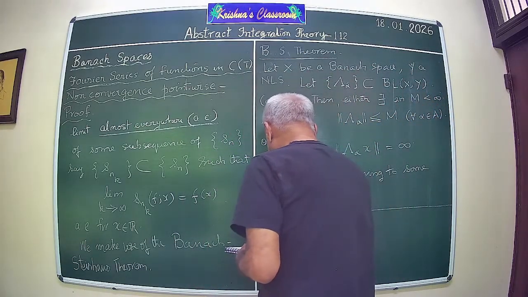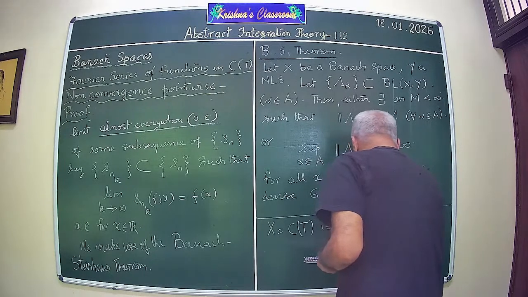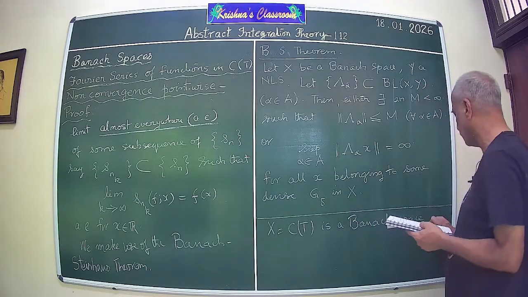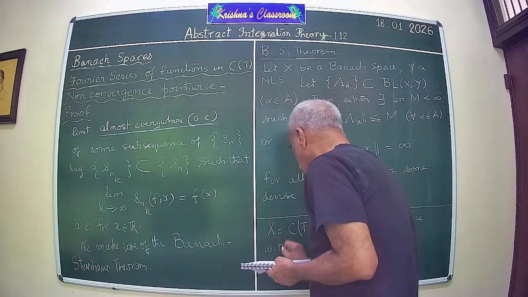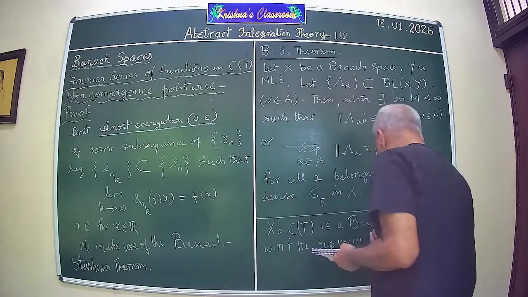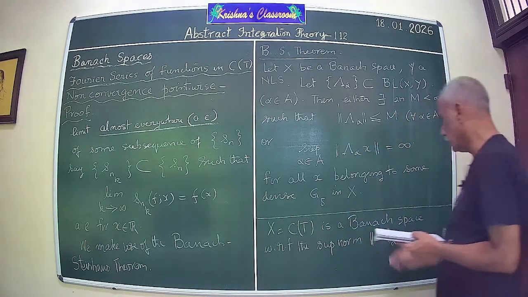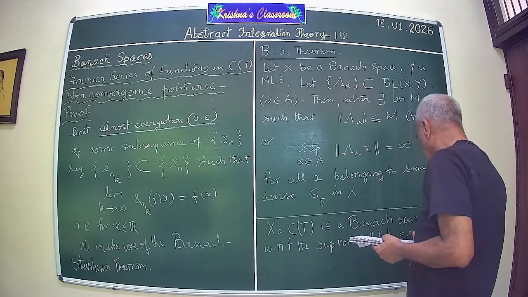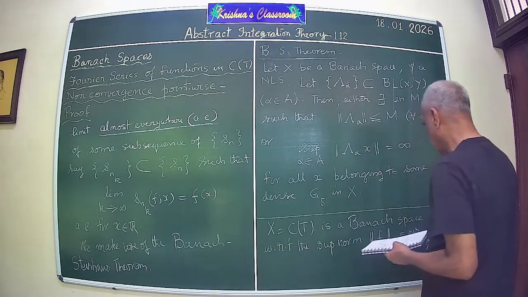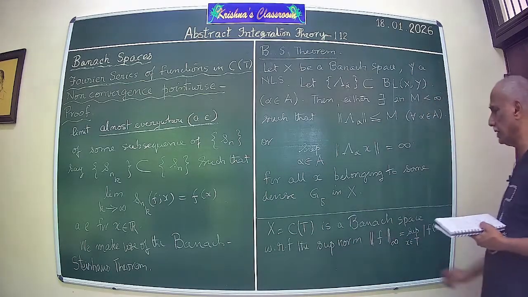Now, we take X to be equal to C, the space of continuous functions, relative to the sup norm, and this we know is equal to the supremum over t belonging to T. And with respect to that, C(T) is a Banach space.